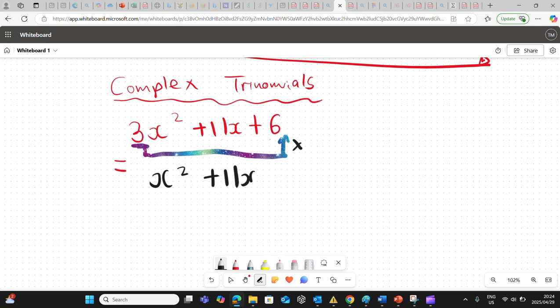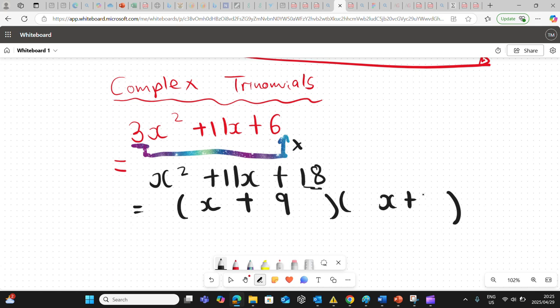And now I have this middle term that stayed the same, but a 3 times the 6 would give me an 18. So I get this new trinomial. And this new trinomial you can easily factorize. It looks like an easy trinomial. Factors of 18 that add to give you 11 is a +9 and it's a +2.